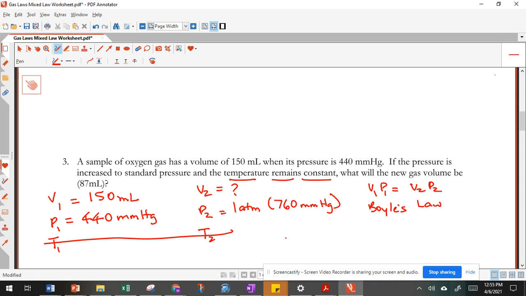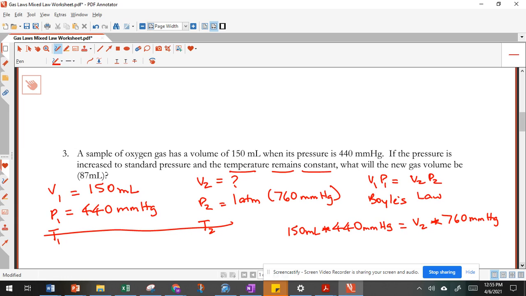So we have 150 milliliters times 440 millimeters of mercury. We have our V2, which is our X, times 760 millimeters of mercury. Now remember, to get V2 by itself, we have to undo the operation, which is multiplication on each side.